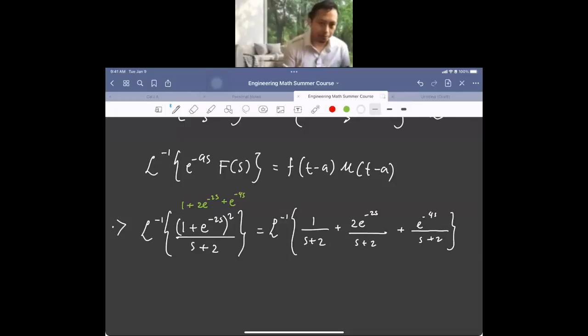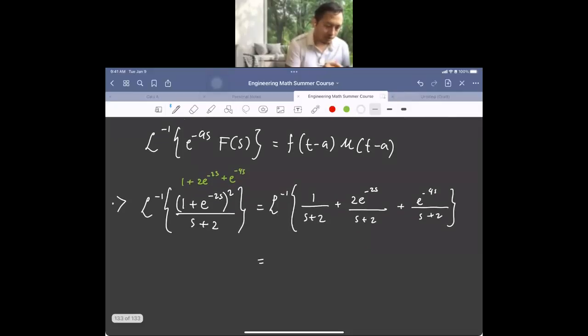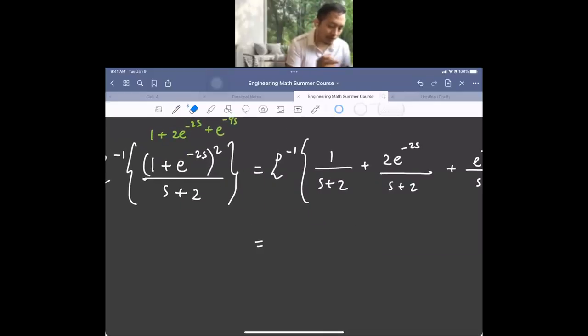Okay, 1 over s plus 2 is easy, right? We know that this is from e to the power of lambda t, or we can write it as from s minus negative 2, so we write e to the power of negative 2t.